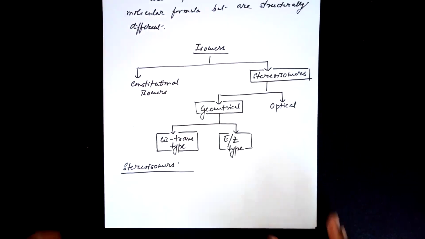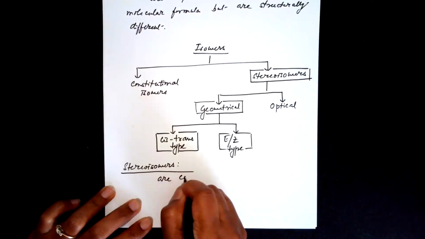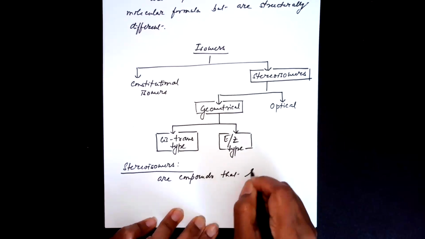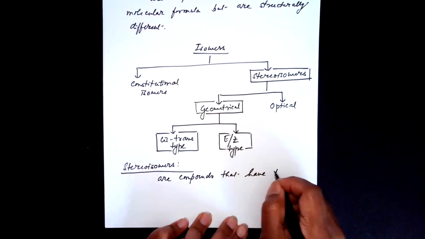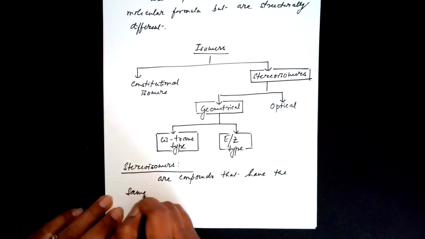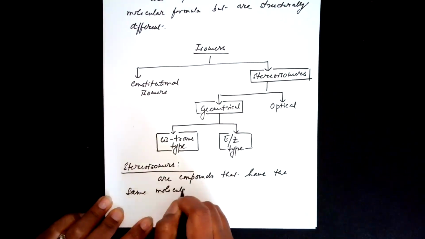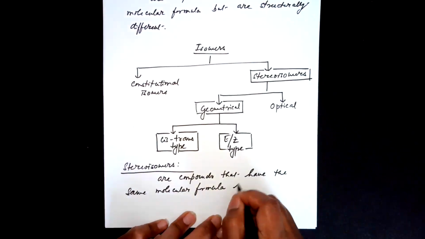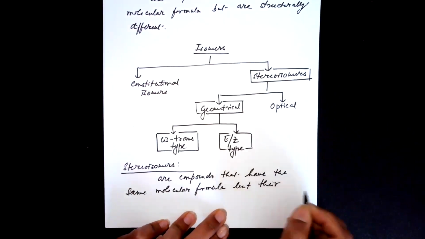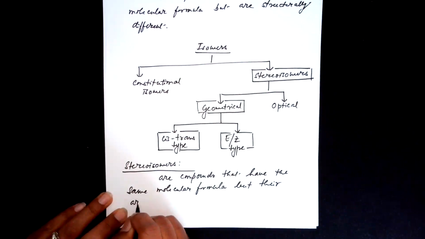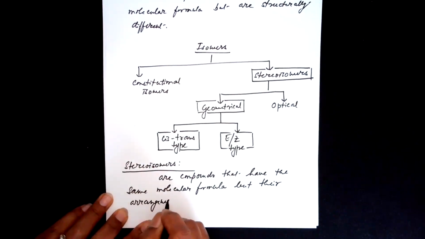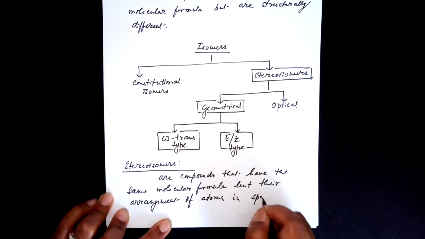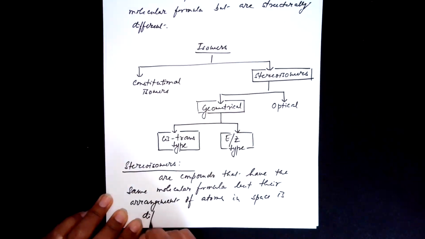So stereoisomers are compounds that have the same molecular formula, but their arrangement of atoms in space is different.